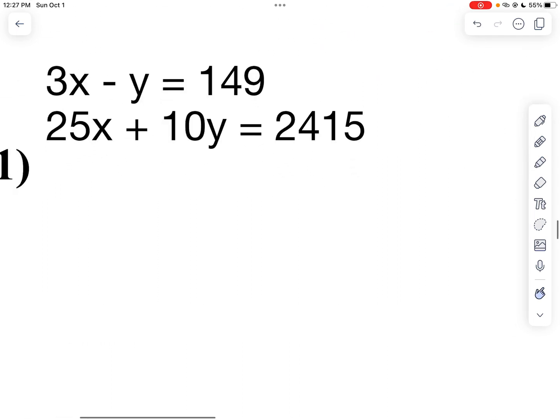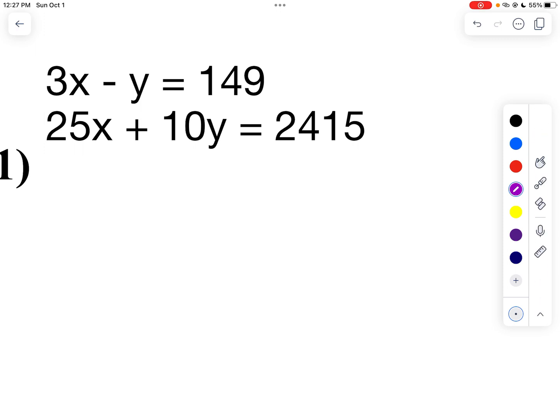Notice there are nice columns for us, so on question 11, let's use elimination. And I notice that for my y's, one's positive and one's negative, isn't it? So they will cancel as long as I have the same number in front. So let's take my first equation and multiply that by 10.